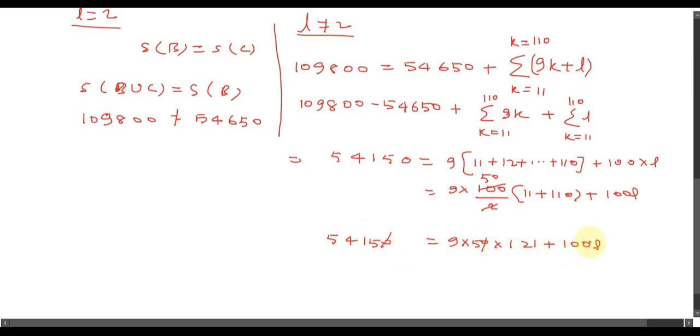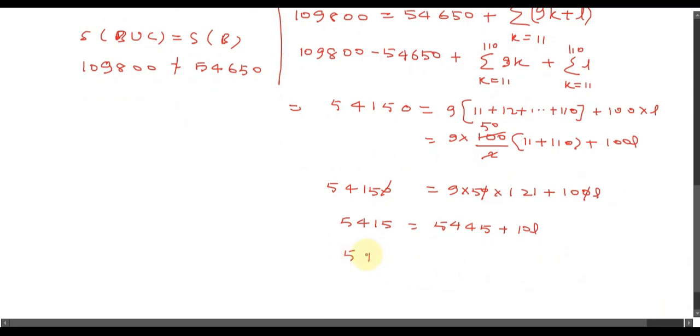Dividing it by 10 to all the terms, we will have 5515, and now let's multiply this. 9 into 5 is 45, 45 into 121 is 5445 plus 10L.